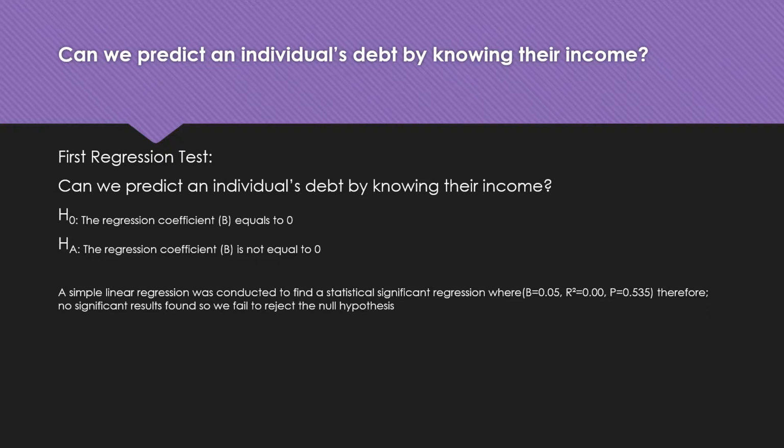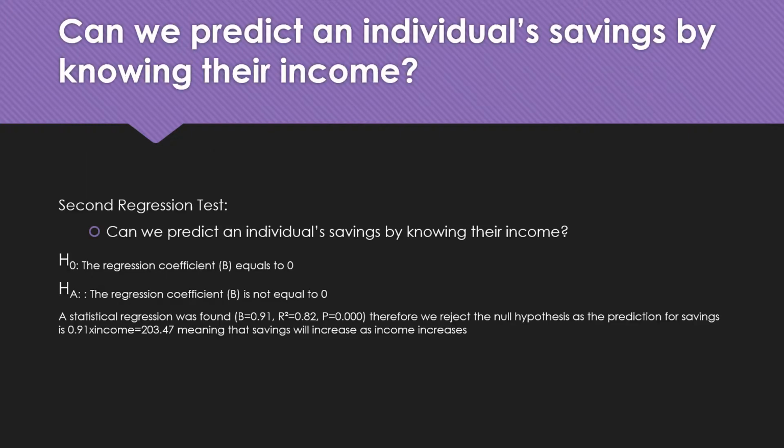A simple linear regression was conducted to find a statistically significant regression, where there's no significant result that was found, so we failed to reject the null hypothesis, which states that the regression coefficient equals 0.